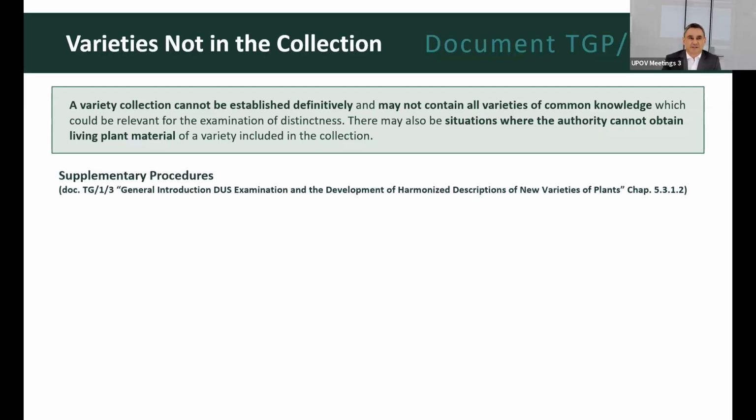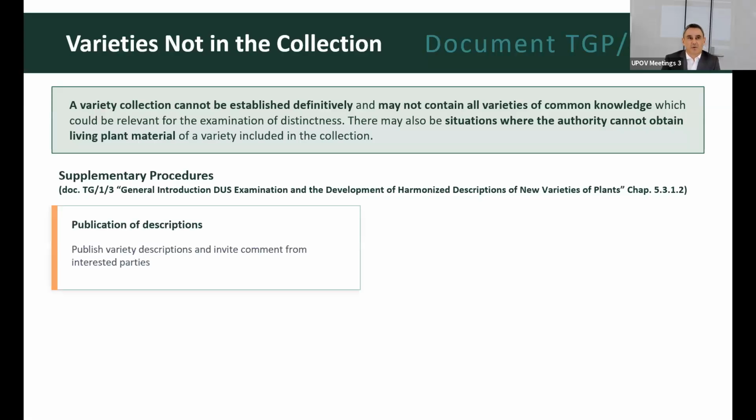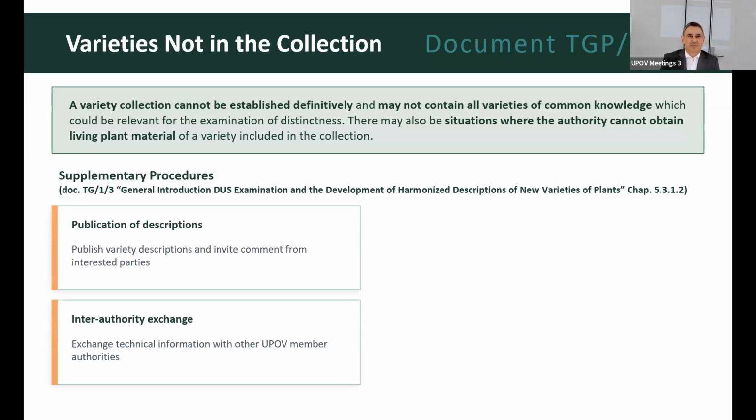The answer comes from the general introduction on DUS, document TG1, where supplementary procedures are proposed. For example, to publish variety descriptions. In this regard, the result of DUS examination generates a variety description that authorities can publish as a supplementary procedure, as a means for further peer reviewing their decisions and descriptions generated.